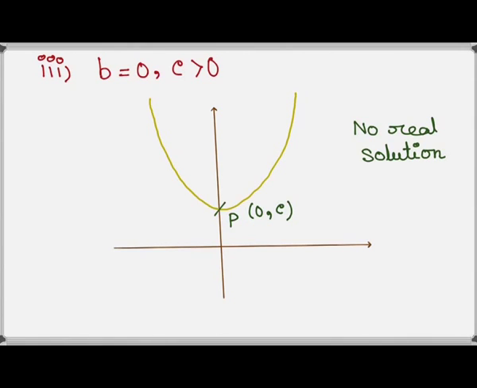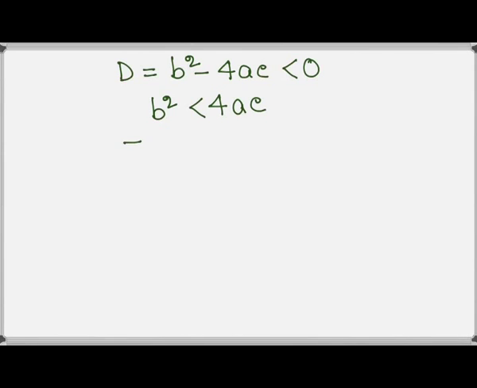Also, let us now note that no more subcases are left, because here D equal to b square minus 4ac is strictly less than 0. So therefore b square is strictly less than 4ac. So from here we are getting that c is strictly bigger than b square divided by 4a.